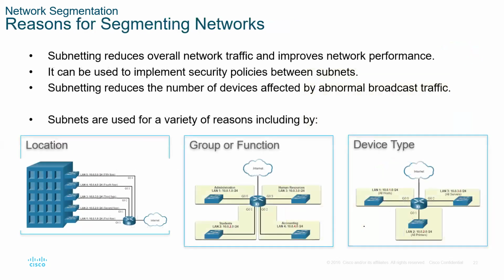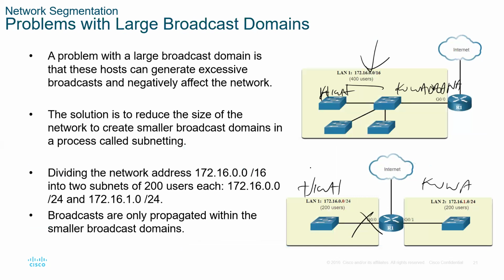Another reason: it reduces the number of devices affected by abnormal broadcast traffic. Let's leave abnormal broadcast traffic. Let's say this link was in Harare. Let's say we are not the one who shut down this link, but someone stored cables there and this link is now not active. What it means is only people in Highfield will not get the network, but people in Kwazana will get the network.